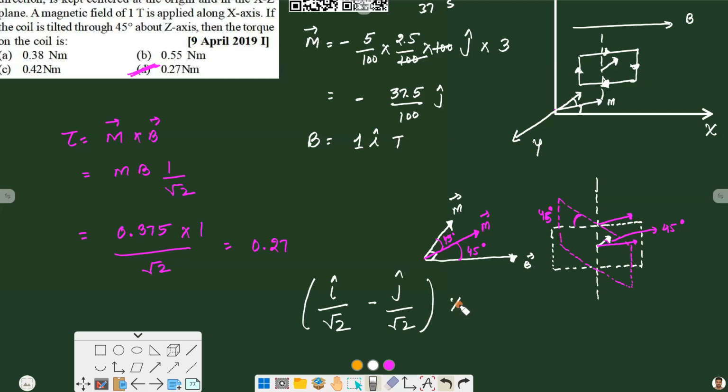And we are taking the cross product with the magnetic field that is in x direction. So i cross i will give us 0, and negative of j cross i will give us minus of k. So our net torque will be in the negative z direction.